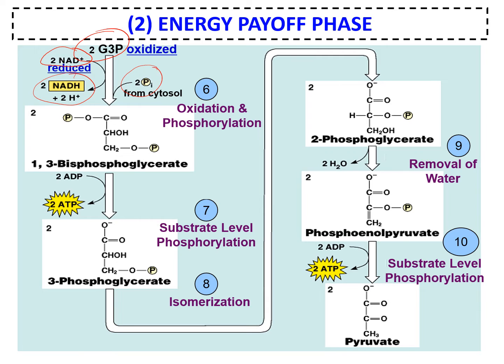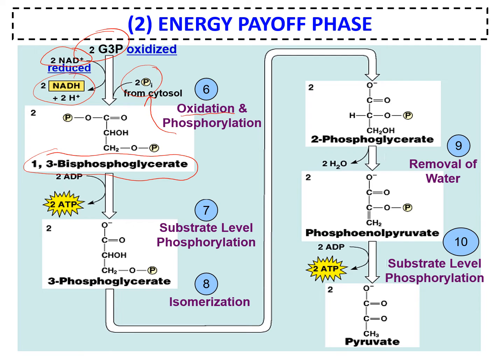So the phosphate is a free phosphate in the cytoplasm, which will be attached to the oxidized G3P, and thus it will form 1,3-biphosphoglycerate. Students should memorize the name 1,3-biphosphoglycerate.